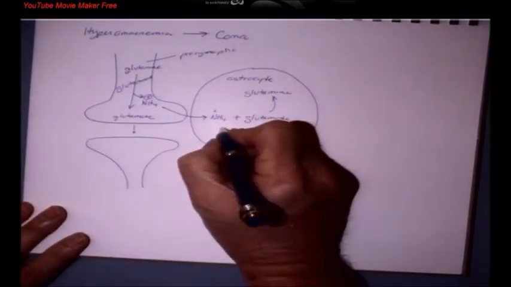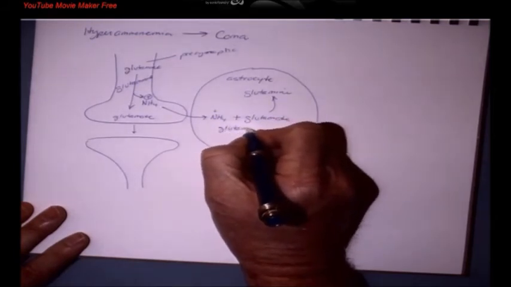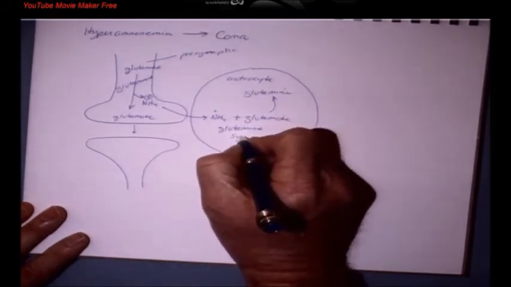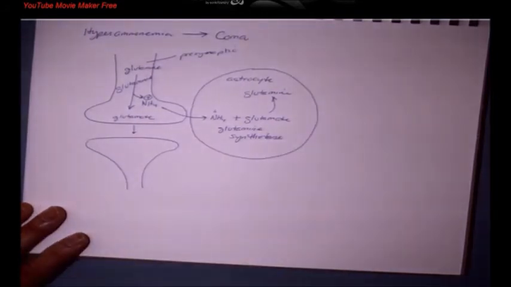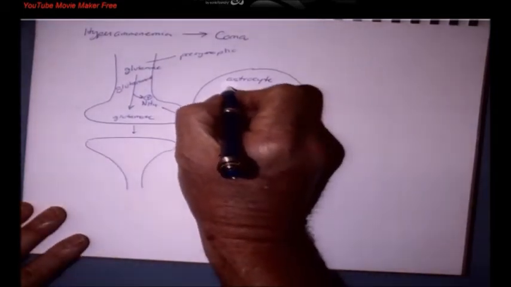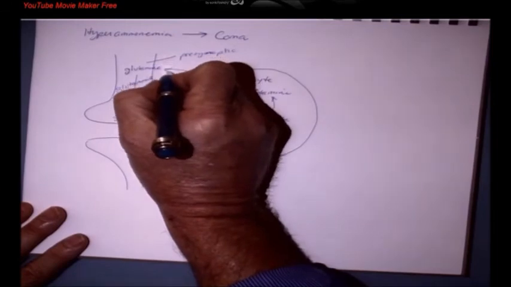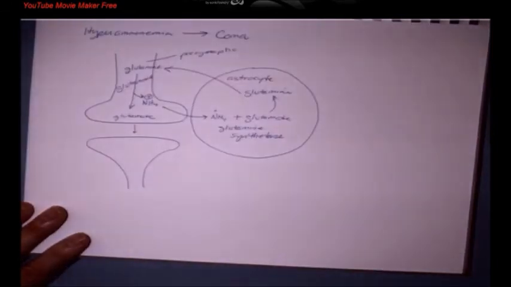This here is the glutamine synthetase enzyme. It does this reaction. Same reaction is occurring in the muscle. And then the glutamine is transported out for the neuron. And then the neuron takes this up and continues the cycle.